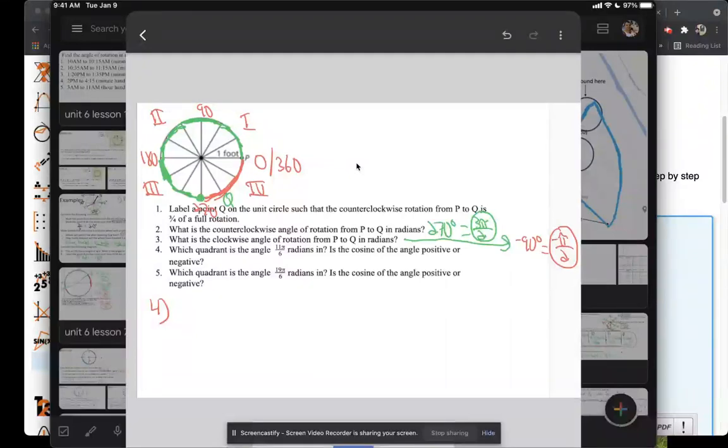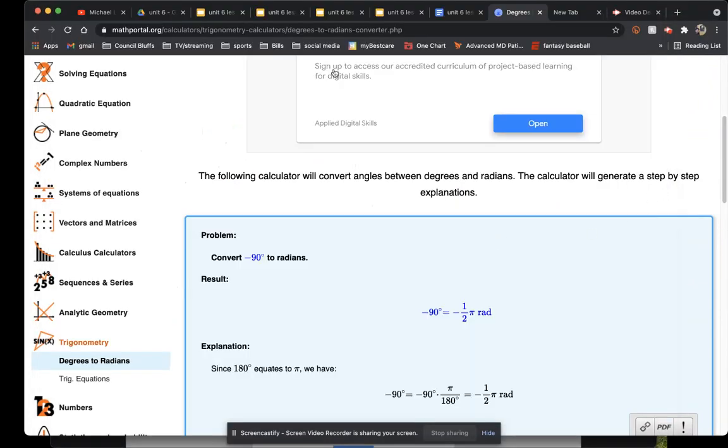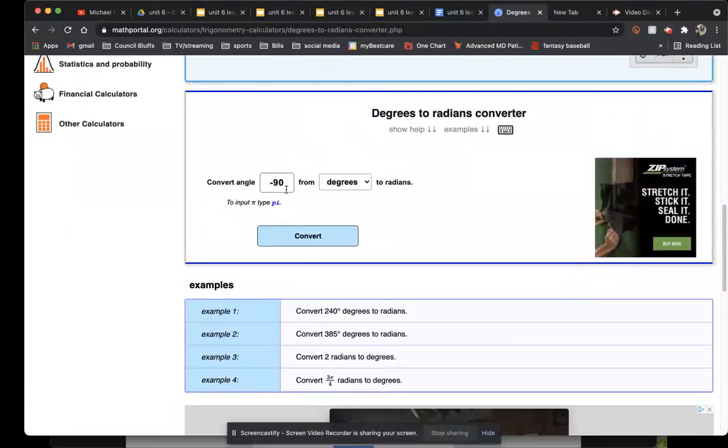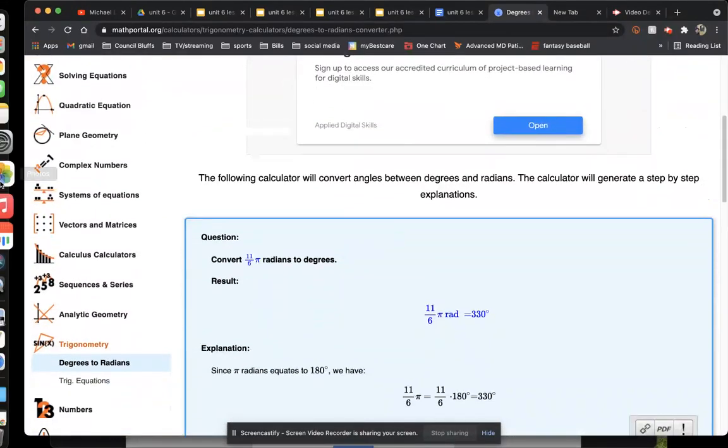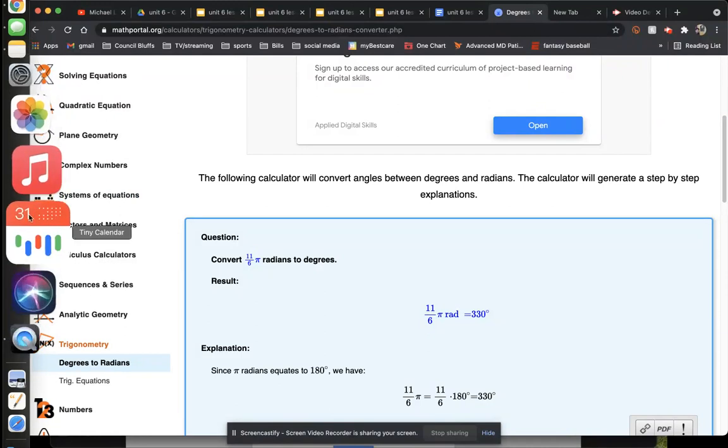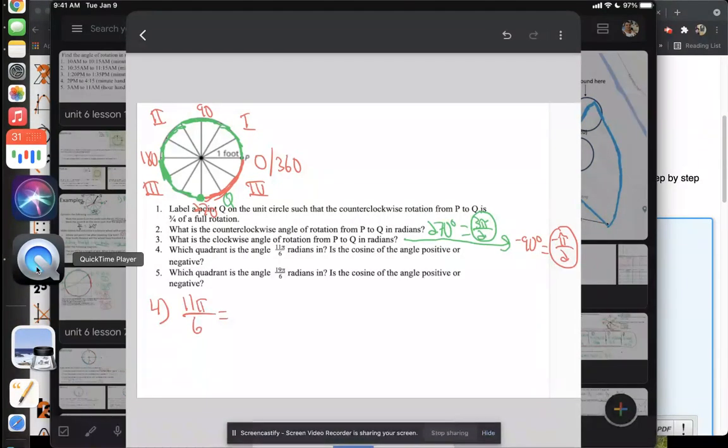Let's take that angle, 11 pi over 6, which is in radians, and convert it to degrees. So we go radians to degrees: 11 pi divided by 6 radians is 330 degrees.